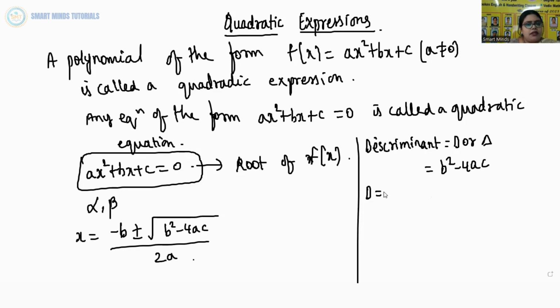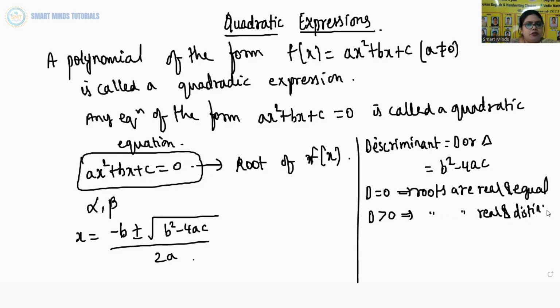If discriminant is equal to 0, then roots are real and equal. If discriminant is greater than 0, then roots are real and distinct. Distinct means you get two different roots. And if d is less than 0, then roots are imaginary.